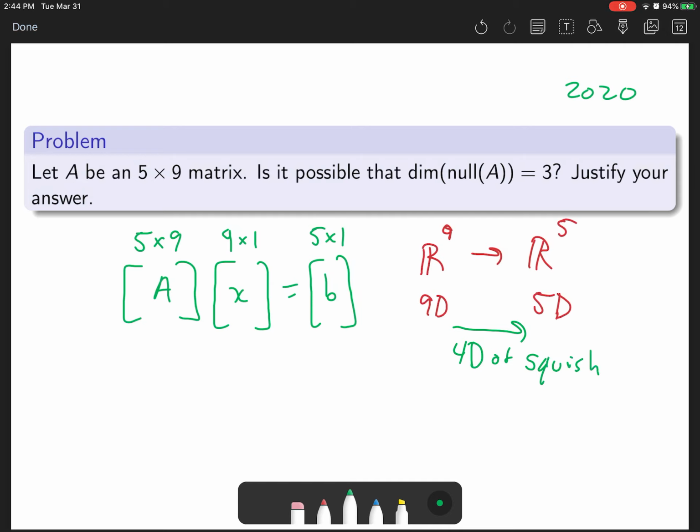And so answering the question, is it possible to have the dimension of the null space equal 3? Nope. We need at least 4 dimensions of squish. We would have 4 dimensions of squish if we mapped all of R9 onto all of R5.